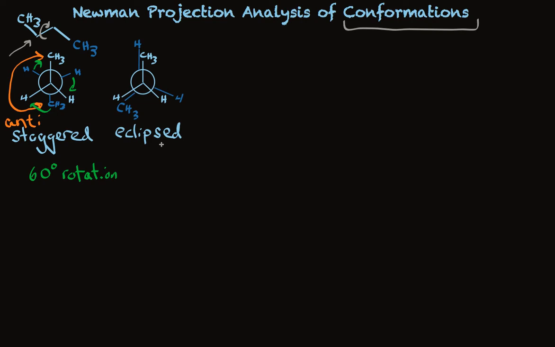It's a higher energy conformation because we have brought those bonds closer together. And that causes an interaction that is not possible when those bonds are further apart. But it turns out that this is a higher energy conformation, this eclipsed conformation.